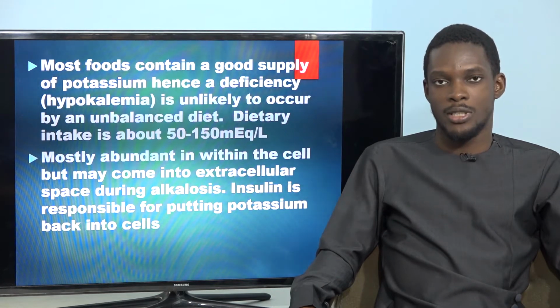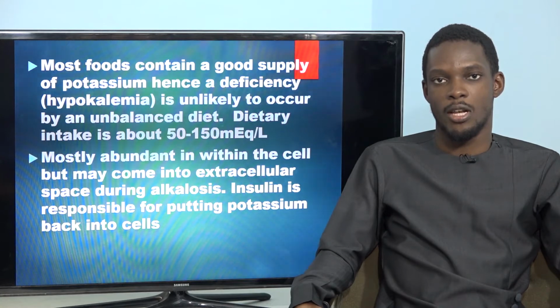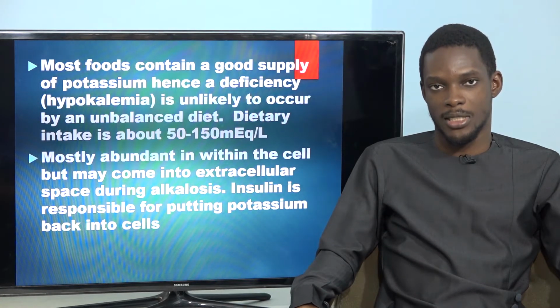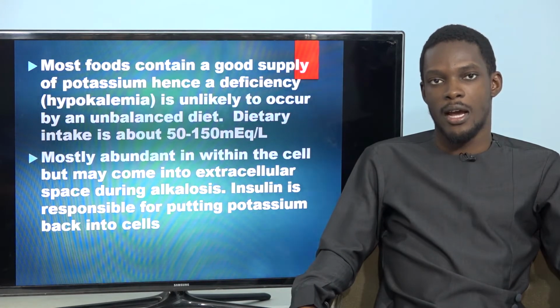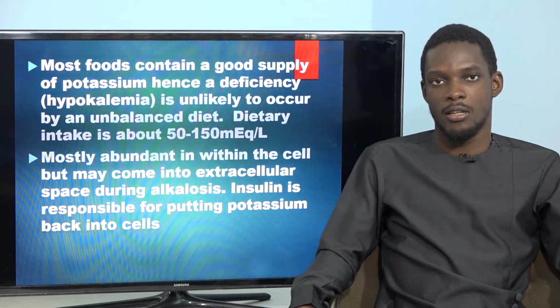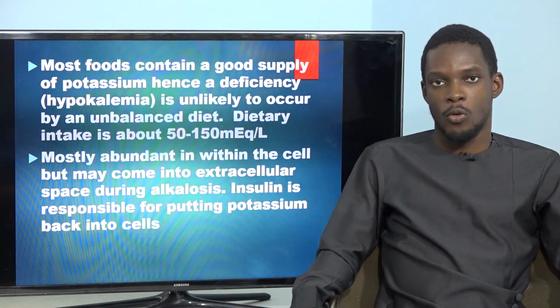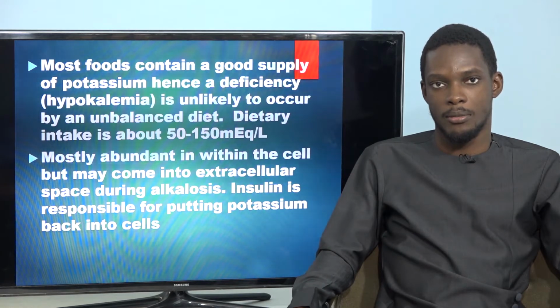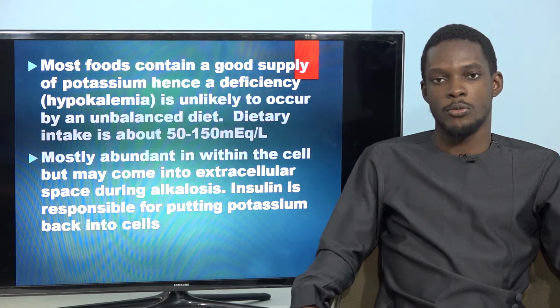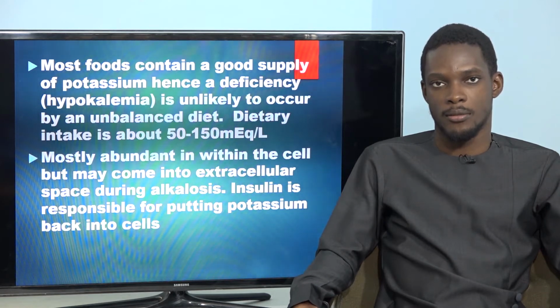Potassium is mostly abundant within the cell, in intracellular compartments, as opposed to extracellular compartments. And as such, it is highly unlikely to find potassium in extracellular compartments. When potassium enters the serum or the bloodstream, it is most likely going to be excreted out of the cell.